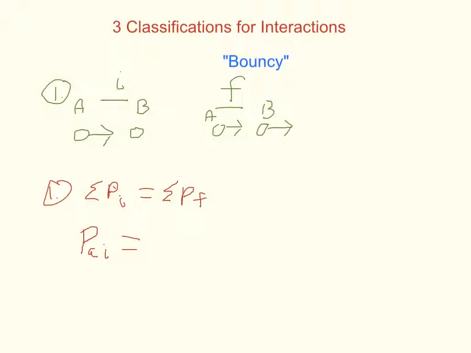And whatever momentum object A has must be equal to the momentum of object A plus the momentum of object B after they interact. Since both of the objects are moving, both of them have a velocity, thus they have a momentum after the interaction occurs.